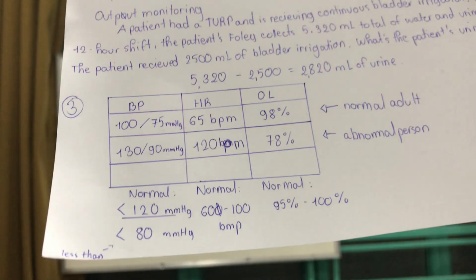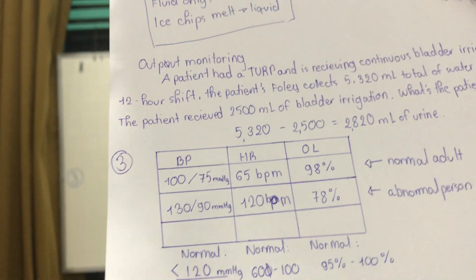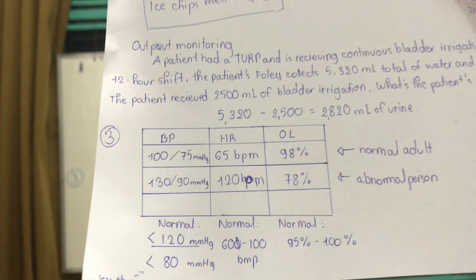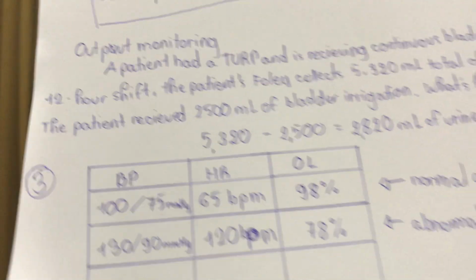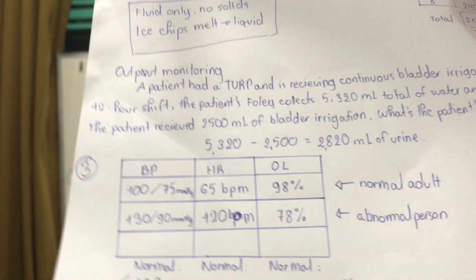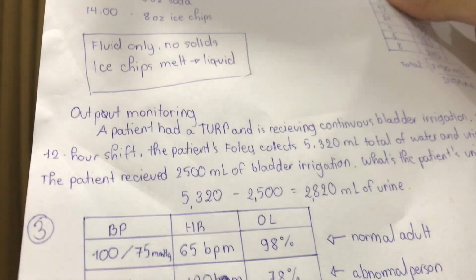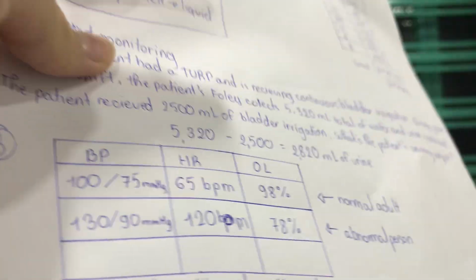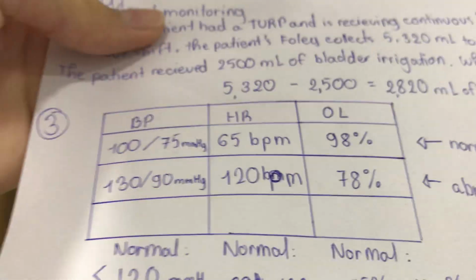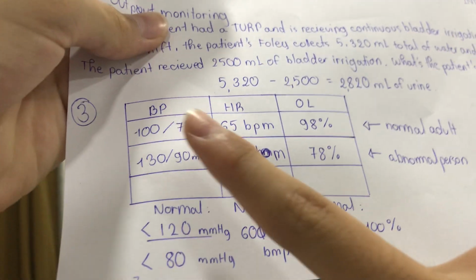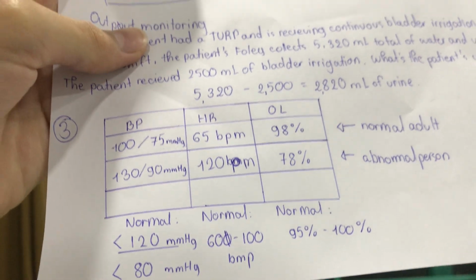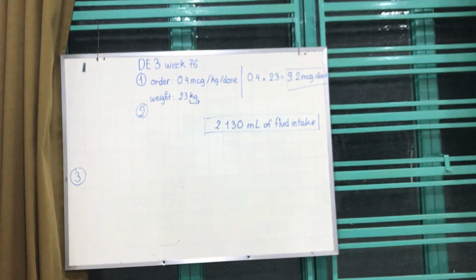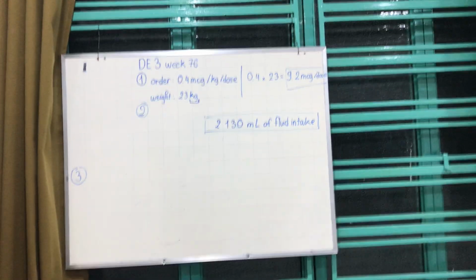Problem number 3 is measuring blood pressure, heart rate, and oxygen levels. So I have this example of a normal adult and an abnormal person with a heart rate, blood pressure, and also oxygen levels. For the blood pressure, let me come back to the board.